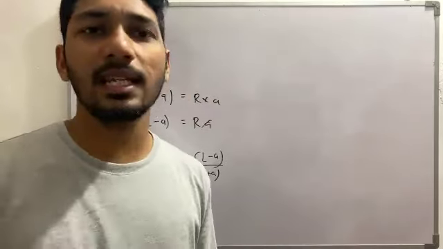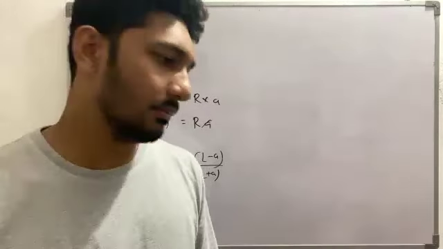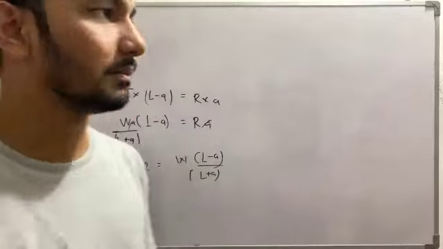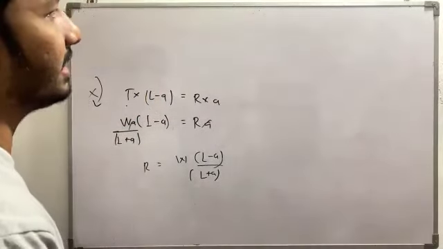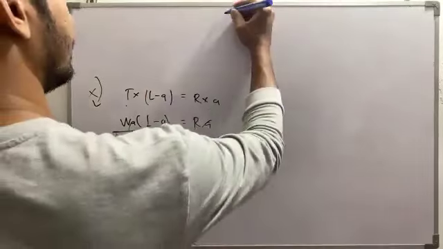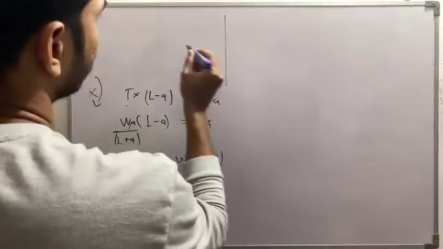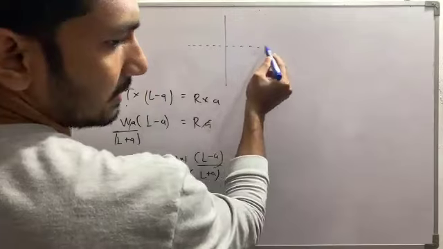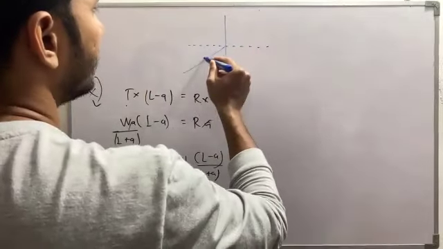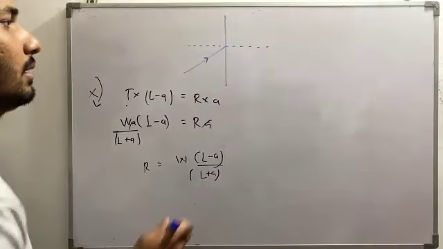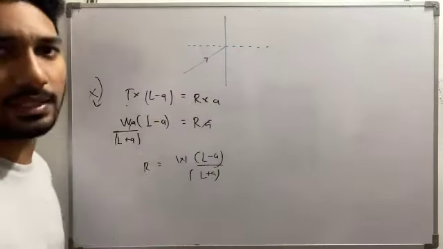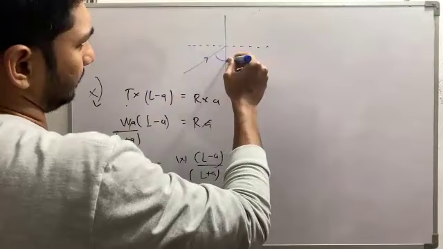The problem is here the incident angle is marked wrongly. What is meant by incident angle? Can you define incident angle for me? The incident angle is the angle that the incident ray makes with the normal. That is the definition. Here they have shown this.